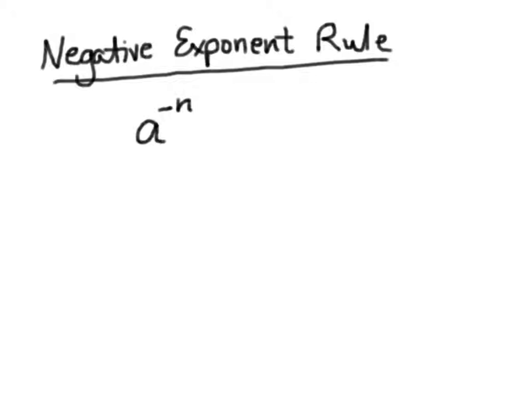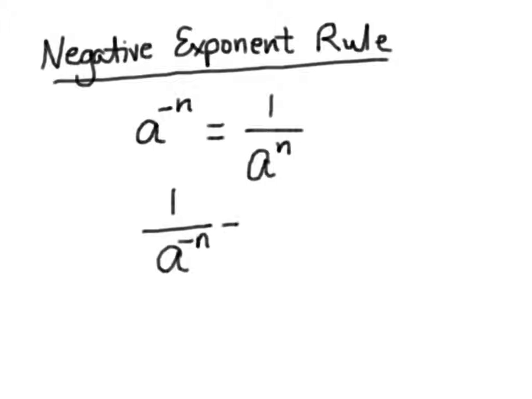All this is telling us to do is to move this to where we have a positive exponent, and that just tells us to move it either from the numerator to the denominator or the denominator to the numerator. So in this case, if I have 1 over a to the negative n, then I will move it up to the numerator and make it positive. So the negative just tells us to switch where it's from. So let's do some examples.